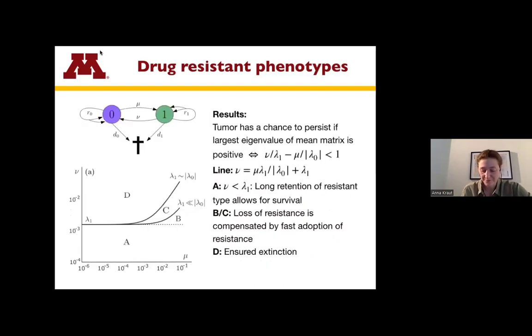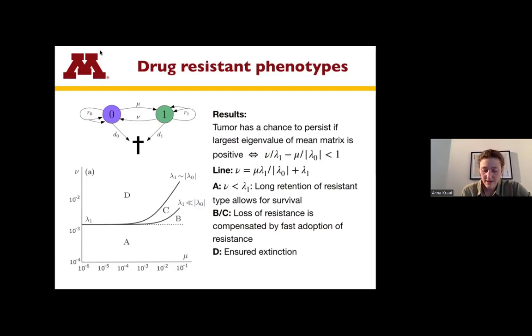And you can study this system theoretically pretty similarly to how we've seen this in the talks of Jochen Blatt, where you can study the eigenvalue of the mean matrix, or I've heard various names for this: mean matrix, generator matrix, Jacobian.